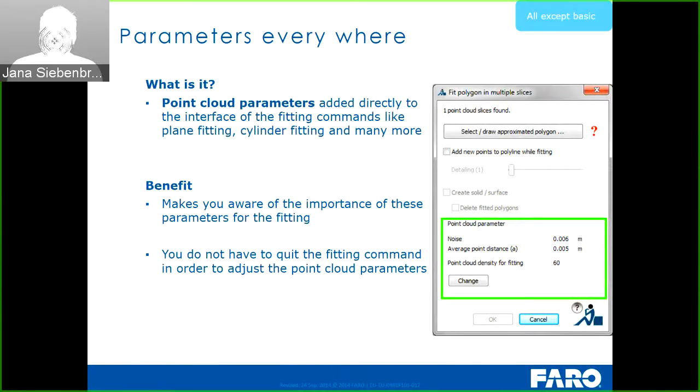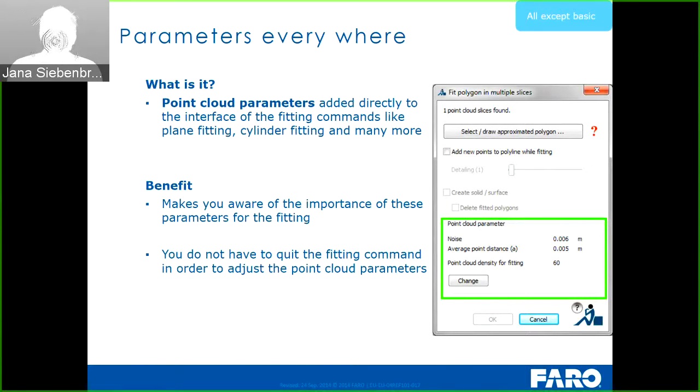Another improvement we've done to PointSense is that we put the point cloud parameters directly into the fitting and pattern recognition tools of PointSense, like plane fitting, cylinder fitting, and many more fitting commands. You will have the point cloud parameters directly in there.